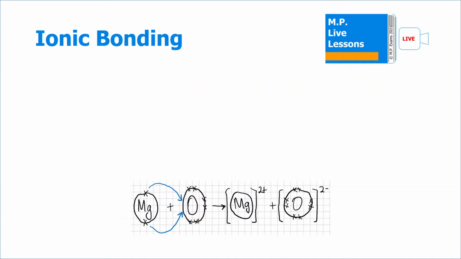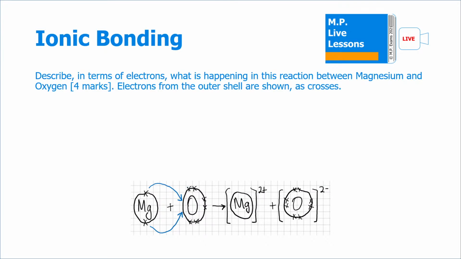Now, we move on to ionic bonding now that we've understood how ions work. So describe, in terms of electrons, what is happening in this reaction between magnesium and oxygen. 4 marks. Electrons from the outer shell are only shown as crosses.